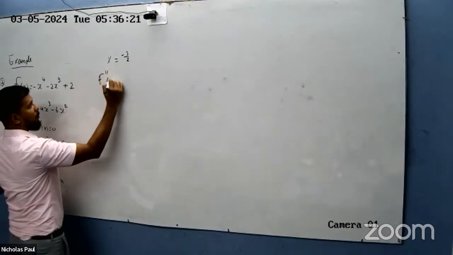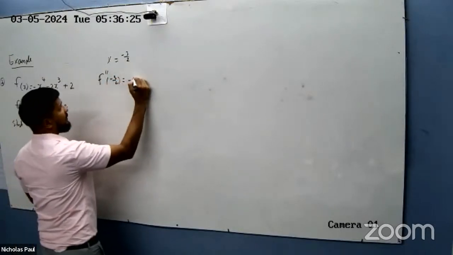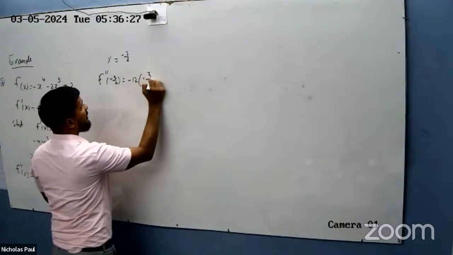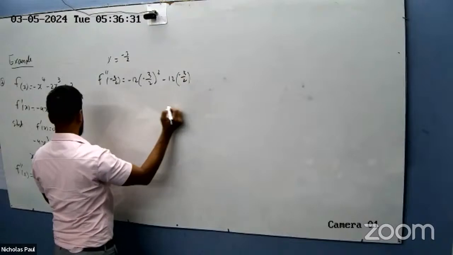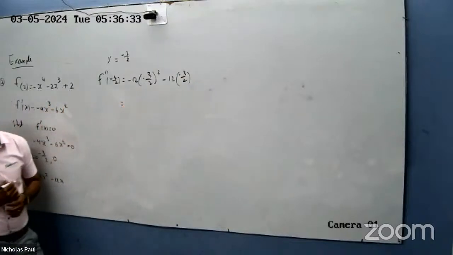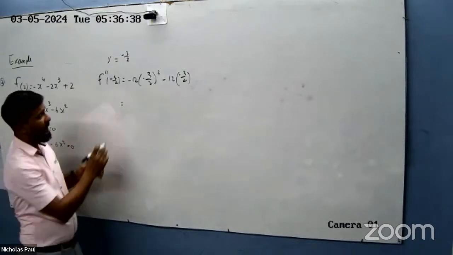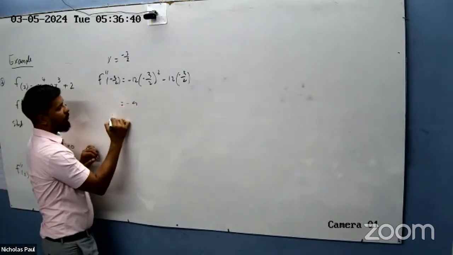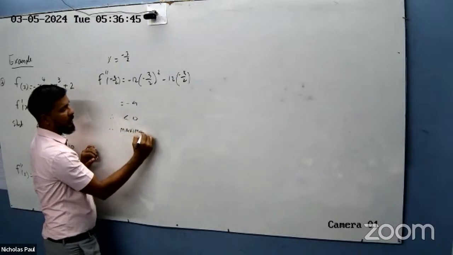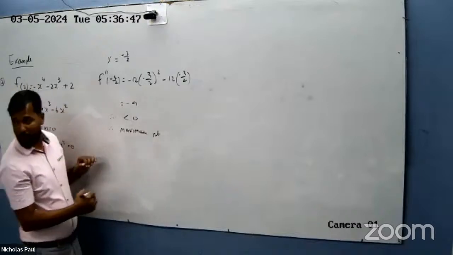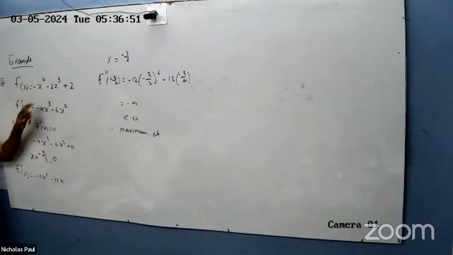So f double prime is minus 12 by minus 3 on 2 squared minus 12. How much is that? -9. So therefore, less than 0. Therefore, it's a maximum point. Please remember to find the y value as well. Plug in -3 on 2 here and get the y value.